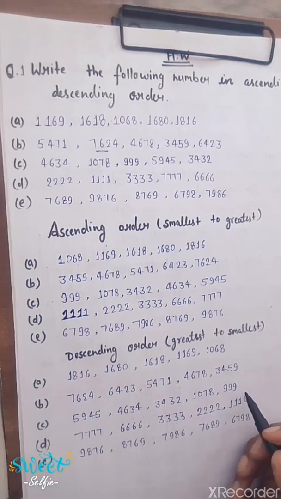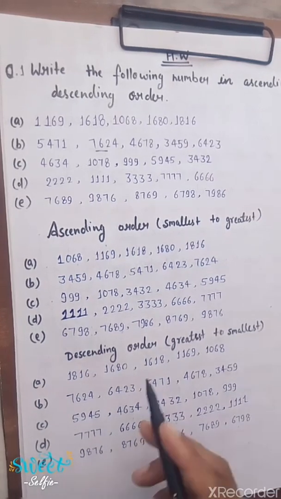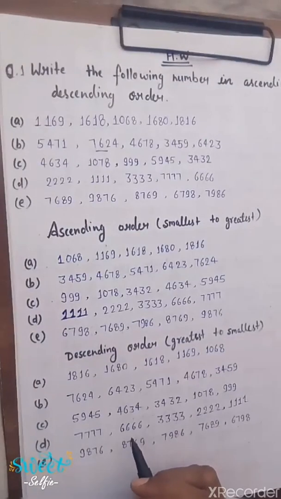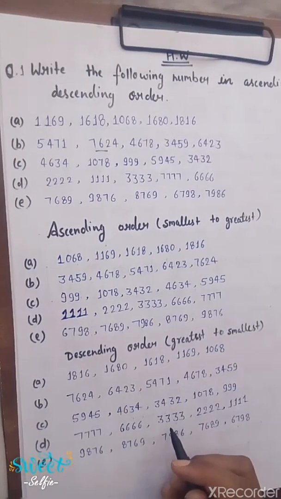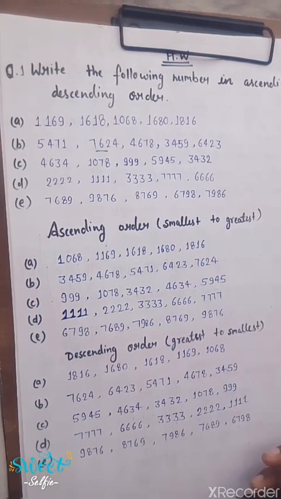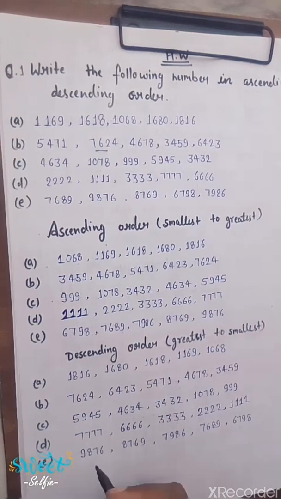So look at the D. In D, the greatest number is 7777, next 6666, after this 3333, next is 2222, next is 1111.